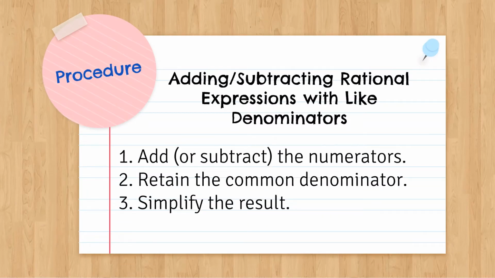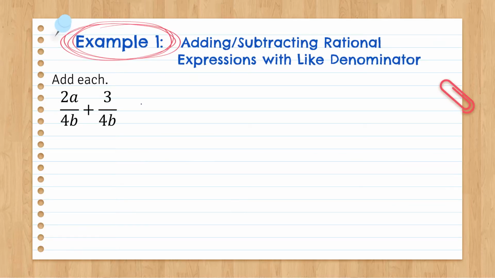So what are the procedures in adding and subtracting rational expressions with like denominators? First, we add or subtract the numerators, and then since they have like denominators, we retain the common denominator and then simplify the result. So for our first example, we simply add the numerators and then copy the common denominator.